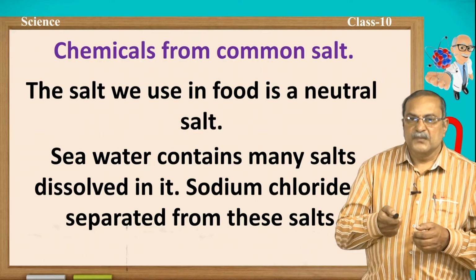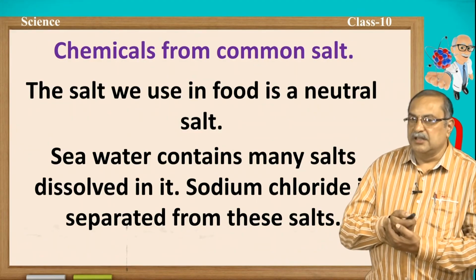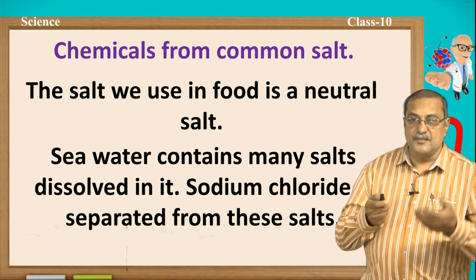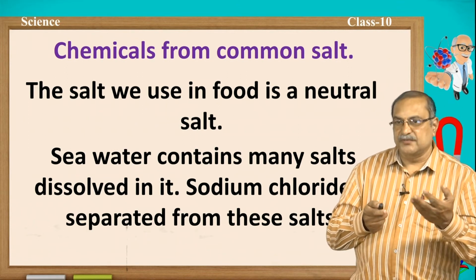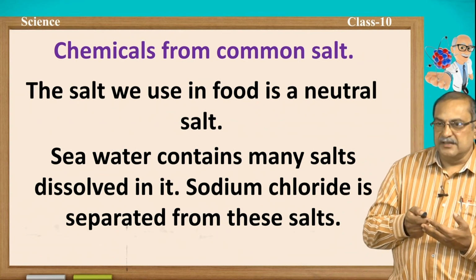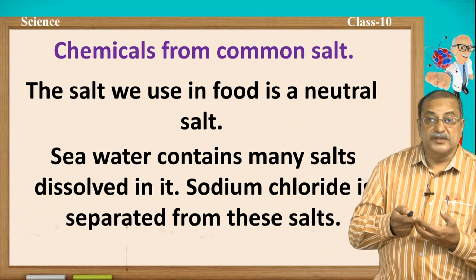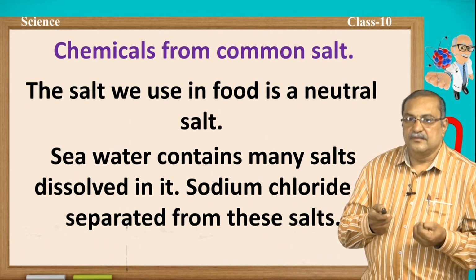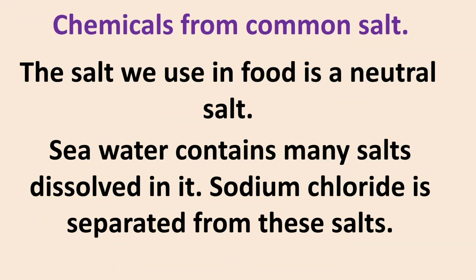Okay. Now, we are going to learn about the chemicals from common salt. You know the common salt, sodium chloride, which is used for our cooking. From this we can make several items. So, what is salt? The salt we use in food is a neutral salt. What is salt?